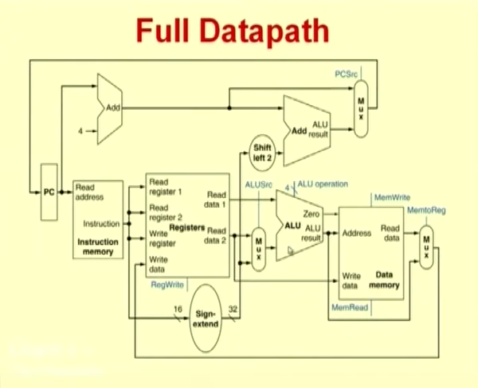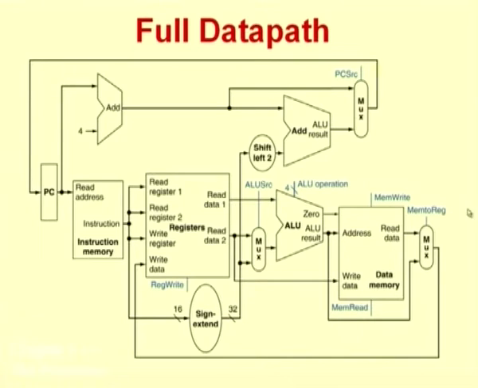The ALU will do the job of adding, subtracting or whatever, and that will be specified by means of this control signal called ALU operation. The output of the ALU may be an address if it is a memory operation, so that goes as the address, or it has to be stored into a register. In order to store it into a register, either that value or the data coming from the memory, if it is a load operation, one of these two will be selected by means of a multiplexer, and that value will be written back into the register file.